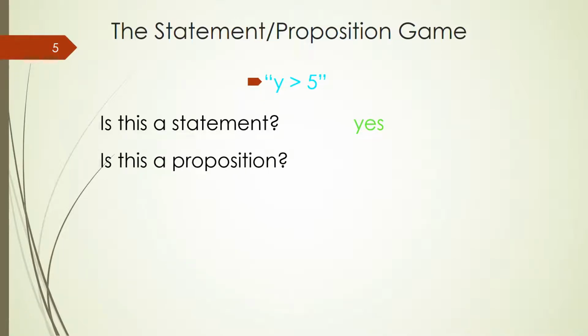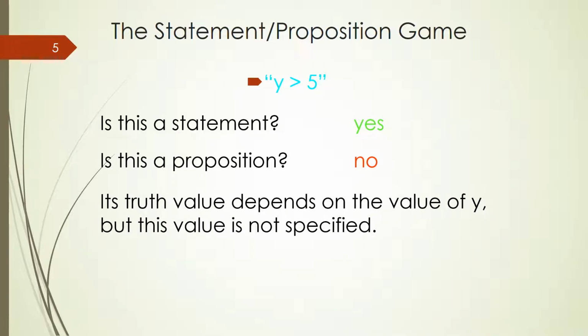Well, if we don't know what y is, then we don't know if it's greater than 5 or not. So this one is not a proposition because it doesn't tell us what y is, so we don't know if it's true or false. So that one was not a proposition.